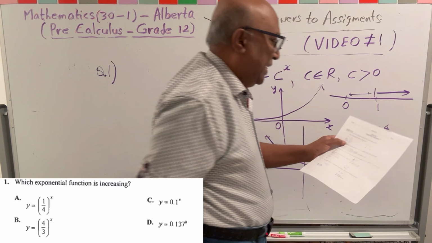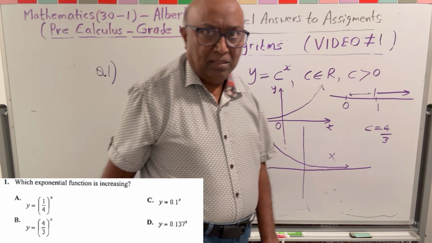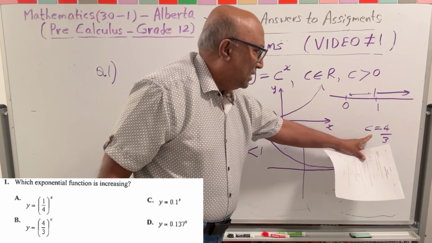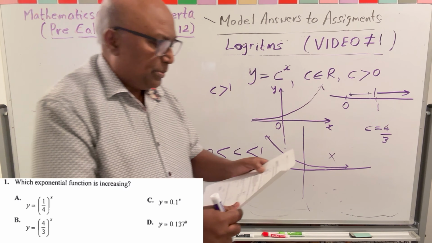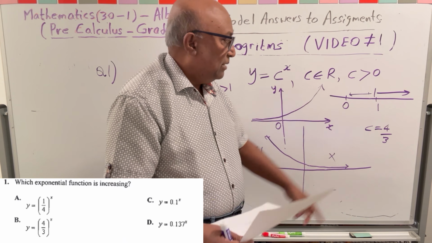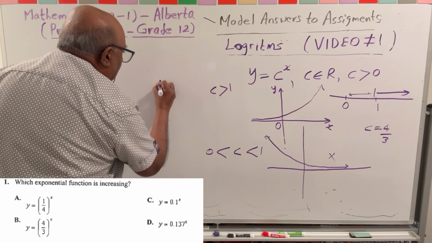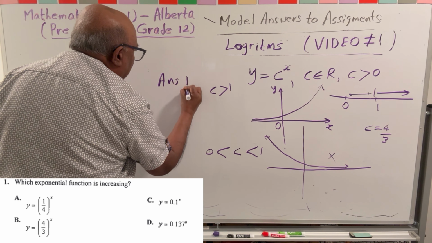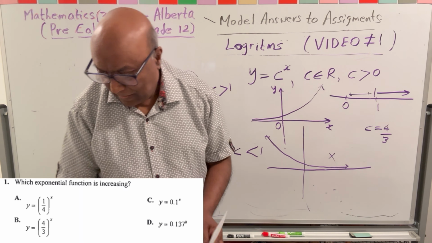That is right. C is greater than 1. That means the function with the option number B is the increasing function. The answer is B. Okay, that's right.